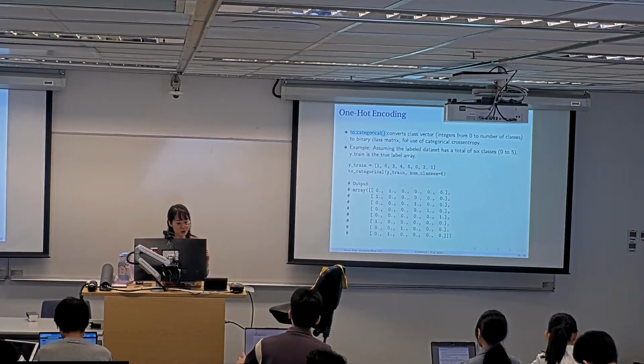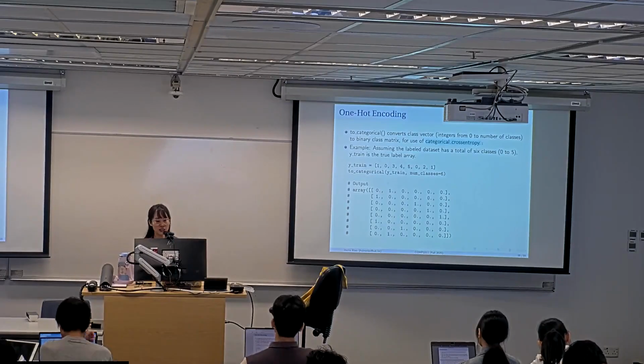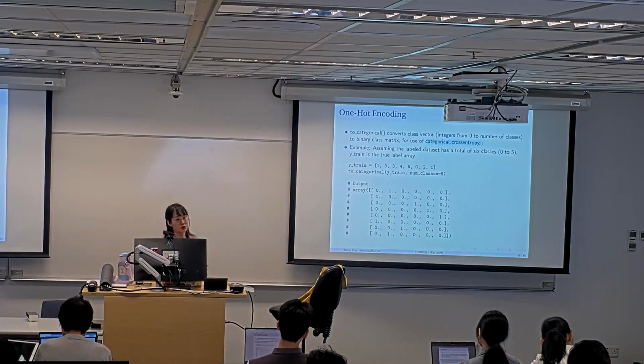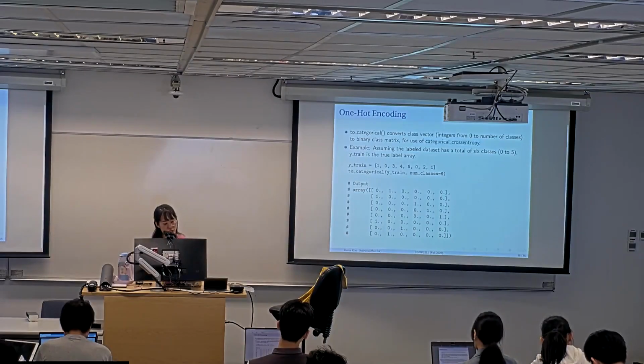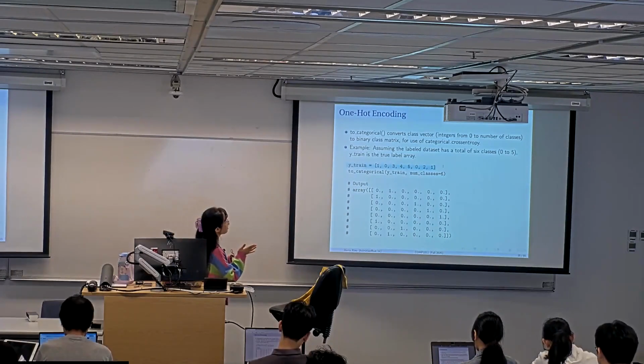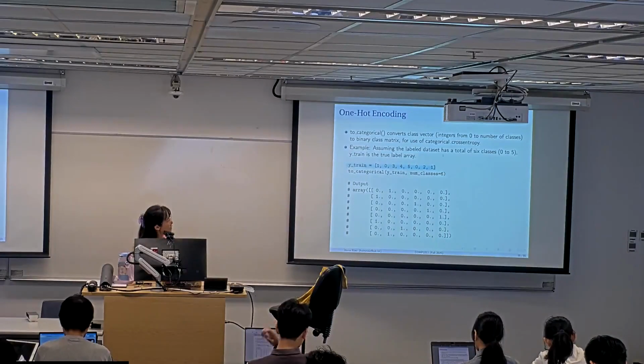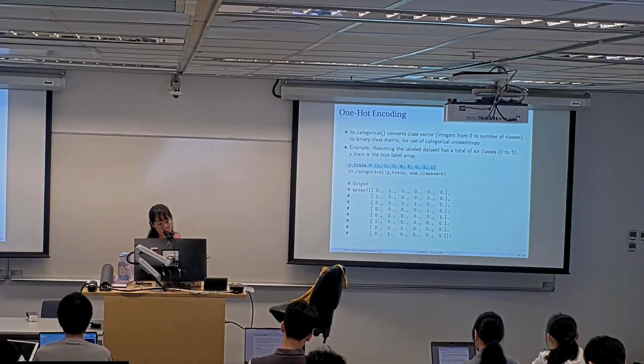Usually we do this because we use categorical cross-entropy loss. For this loss, all the labels are represented using one-hot encoding. So for example, if we have Y_train like this, now, as you can see, we have 8 data samples. The labels of the data samples are stored in Y_train, and the total number of classes is 6, so that's from 0 to 5.